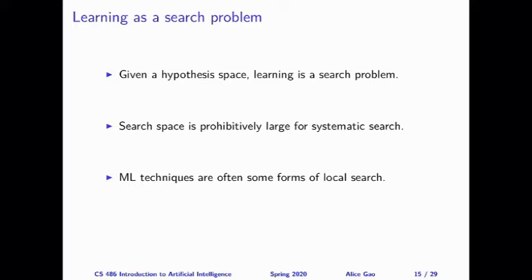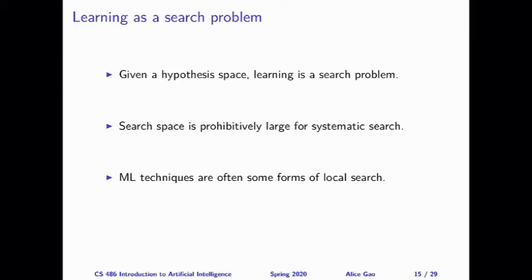Interestingly, we can view learning as a search problem if we interpret it as follows. So we have a space of possible hypotheses, a hypothesis space or a space of possible models or representations. And our goal is to find one hypothesis in the space that best fits the data or the training examples given our assumptions.